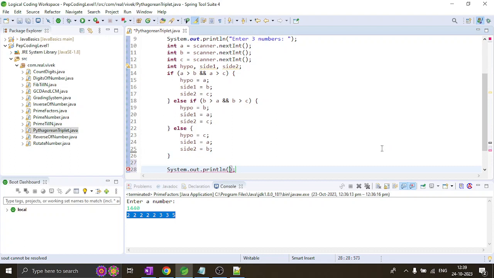And now we have to check if they are a Pythagoras triplet or not.